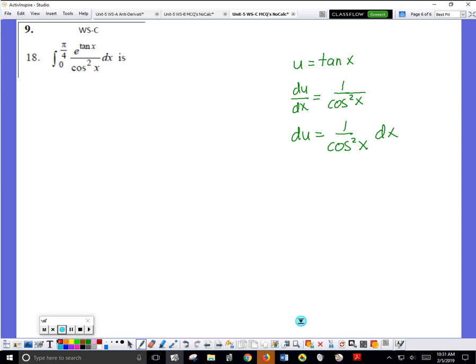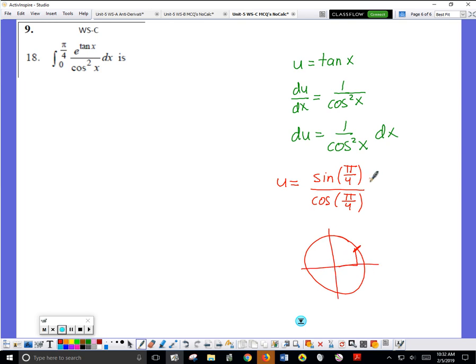Tangent is the same thing as sine over cosine. So sine of pi over 4 divided by cosine of pi over 4. Think of the circle. Pi over 4 is here. The sine is up, the cosine is over. So they're both root 2 over 2. They're both positive. So that's 1. Can you explain the red part?